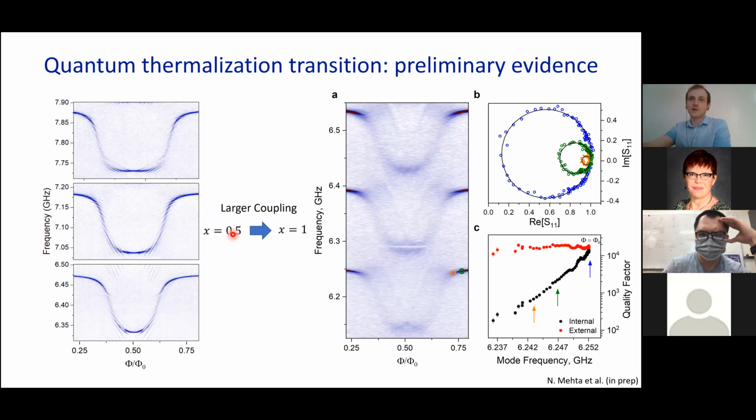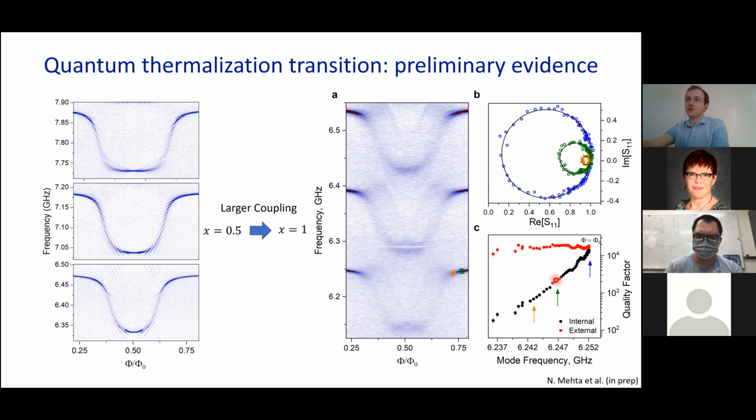And what happens if we make the coupling stronger? Here, for example, x is equal to 0.5, and you see that there are now many anti-crossings everywhere. And if you go to the maximum coupling, those anti-crossings basically merge, and they create just very broad modes. And what is interesting, at least in this region where it's not completely destroyed, is that the modes are Lorentzian, so they can be described by a circle in the real and imaginary plane, and this circle shrinks, indicating that it's still Lorentzian, but the internal quality factor gets lower and lower, and you can see it here.